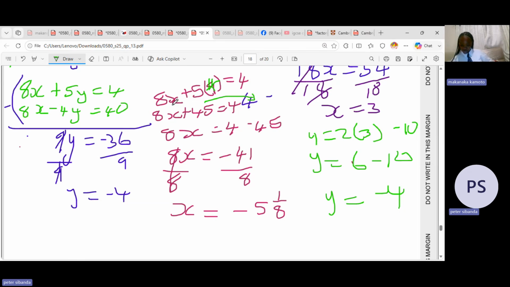So this was supposed to be 8x. Negative 4, that's going to give us minus 20, isn't it? Yes. So minus 20. That's what we should have here. So when minus 20 goes the other side, it was going to be plus 20. Oh my God.